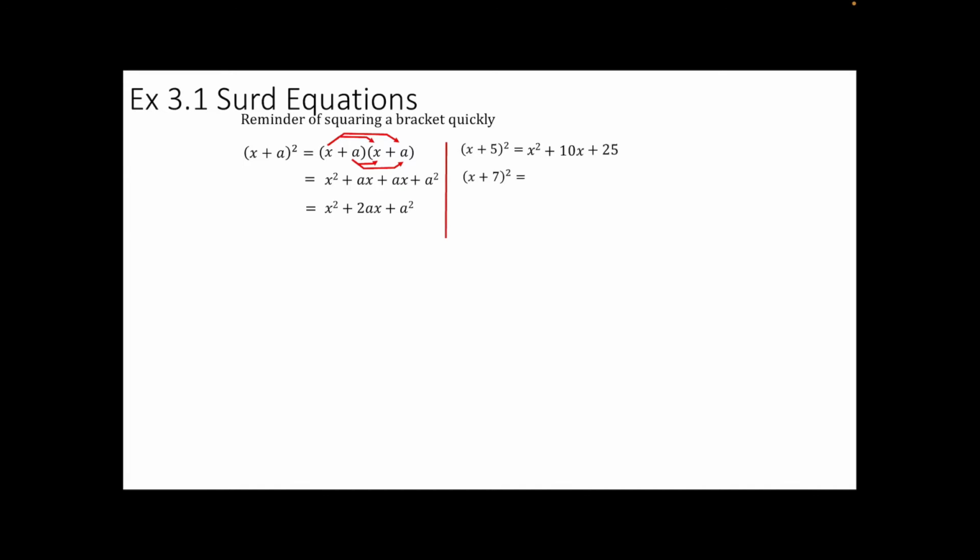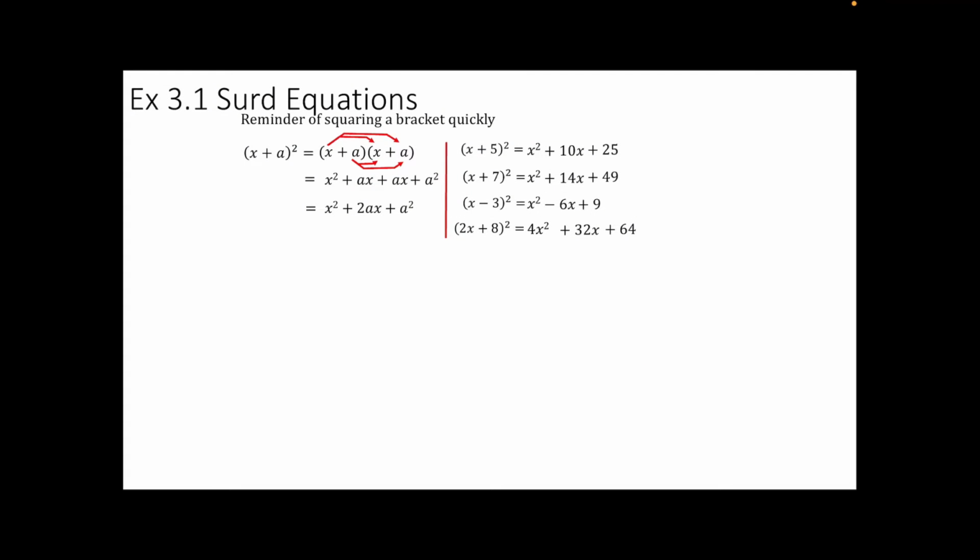Let's try another example. x plus 7 squared. Squaring the first value gives us x squared. Multiply your values together and double it, gives us 14x, and squaring the second value gives us 49.